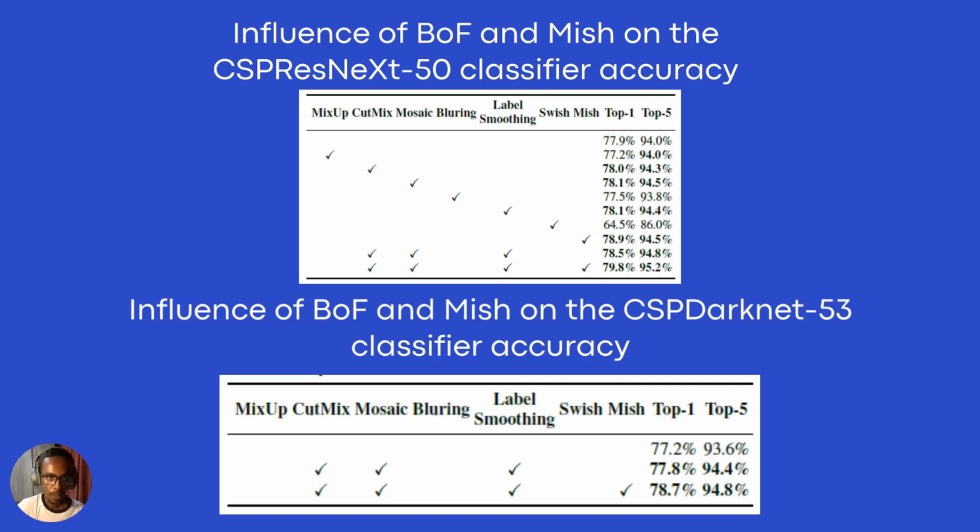And let's see the influence of the implementation of these techniques during the training procedure. The influence of the Bag of Freebies and mish on the CSP ResNeXt50 classifier accuracy is shown by the table above, and the influence of the Bag of Freebies and the mish activation function on the CSPDarknet classification accuracy is shown by the table at the bottom.